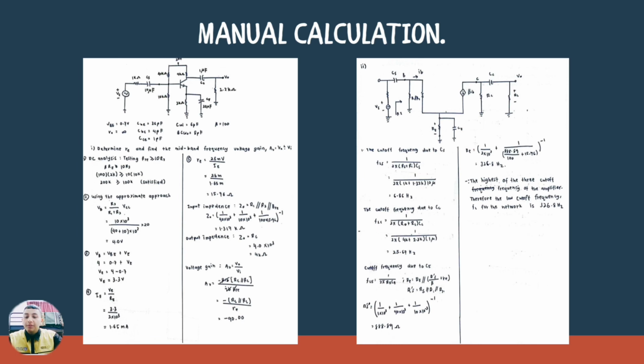We will get 25.67 Hz, and the cut-off frequency due to CE, we get 888.89 ohm. And lastly, for RE, we get 326.8 Hz. The highest of the three cut-off frequencies of the amplifier is therefore the low cut-off frequency FL for the network, which is 326.8 Hz.